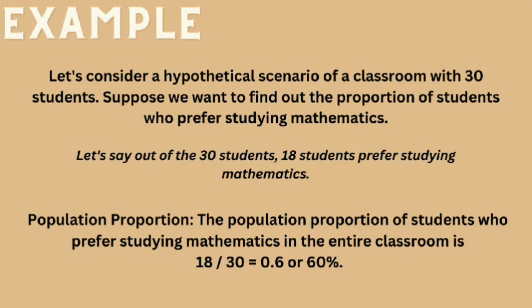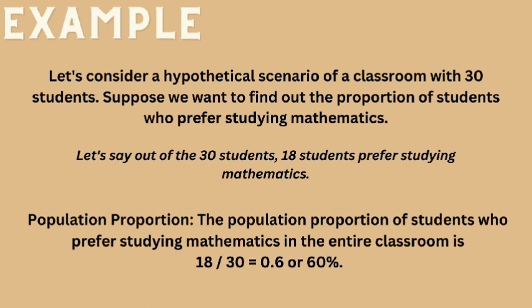Capital X is the number of elements in the population that possess a specific characteristic, and the smaller letter x is the number of elements in the sample that possess a specific characteristic. For example, let's consider a hypothetical classroom with 30 students. Suppose we want to find the proportion of students who prefer studying mathematics. Say out of the 30 students, 18 prefer studying mathematics.